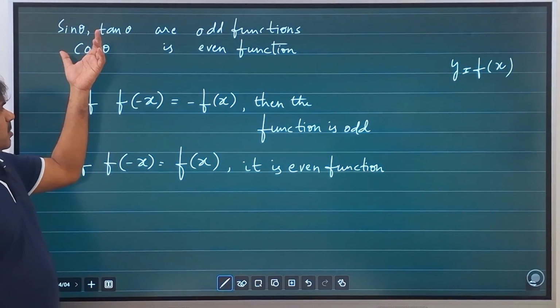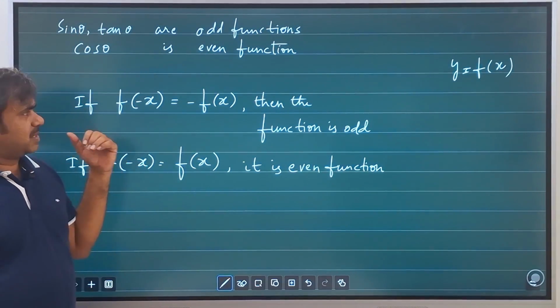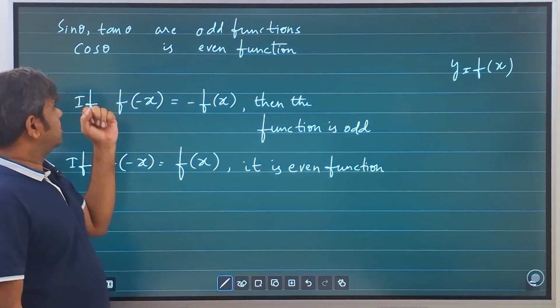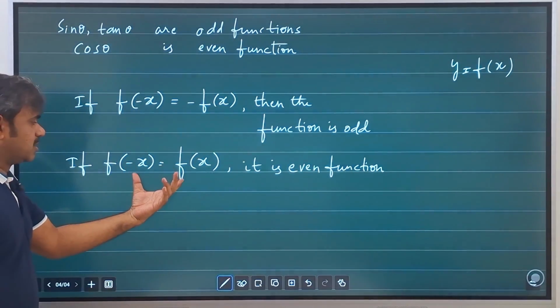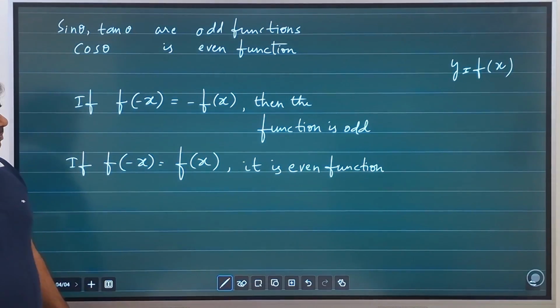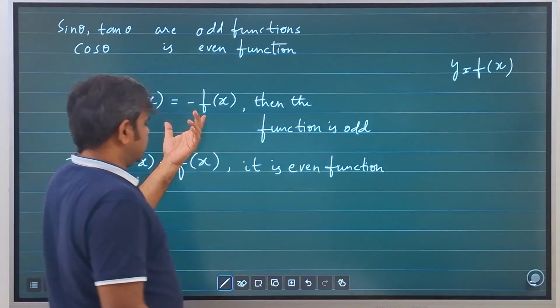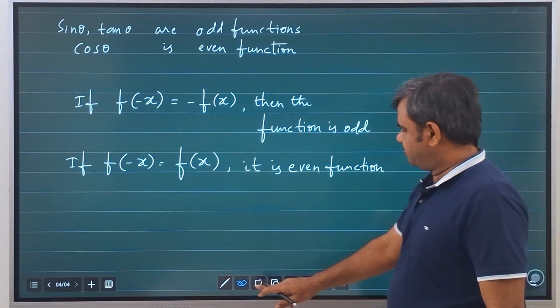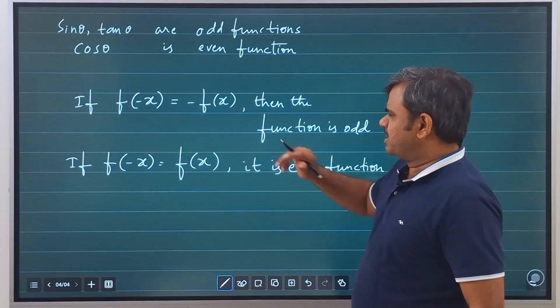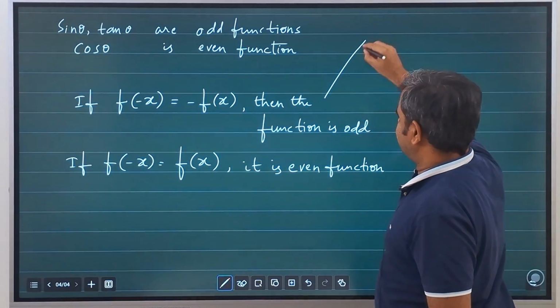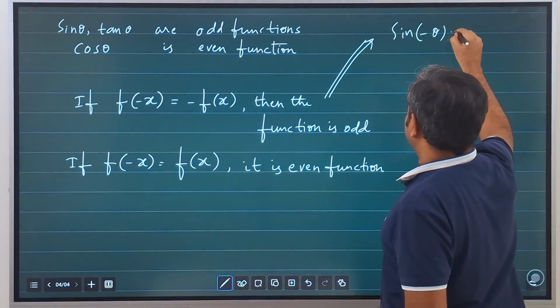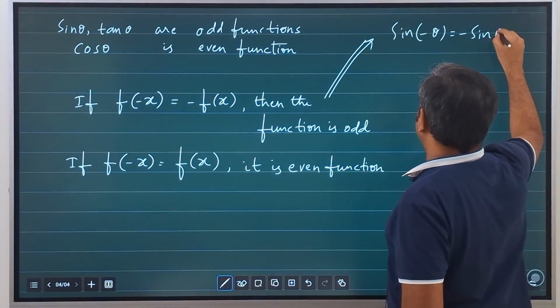Okay, now let's try to understand how this is true in the case of sine theta and tan theta, and how this is true in the case of cos theta. Okay, so what do we mean by this in the case of sine theta and tan theta? Here f of minus x is equal to minus f of x means, in case of sine theta, sine of minus theta is equal to minus sine theta.